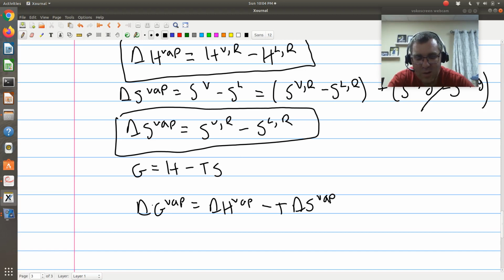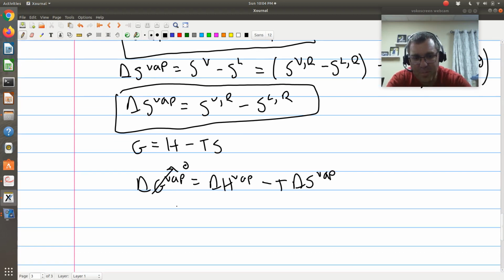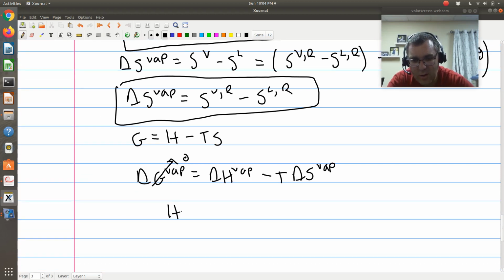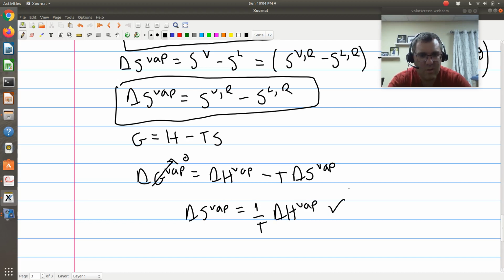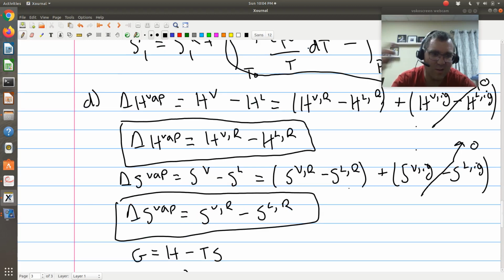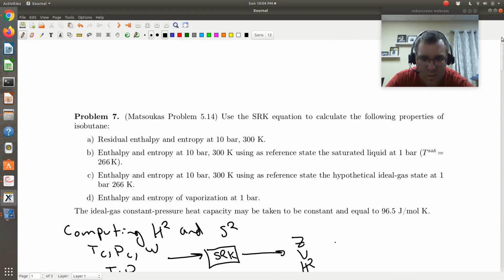So delta G of vaporization is equal to 0, and so delta S of vaporization is equal to 1 over T delta H of vaporization. Since you had just calculated delta H, you could just as well use this equation to calculate delta S. Okay, there you have it. That takes us to the end of the problem statement. Hopefully that gives you enough to be able to do it.